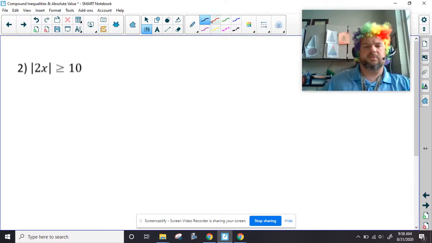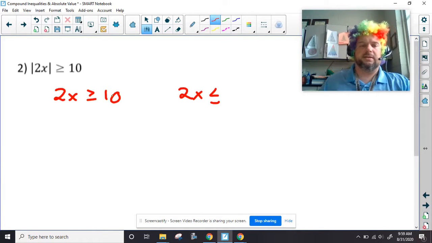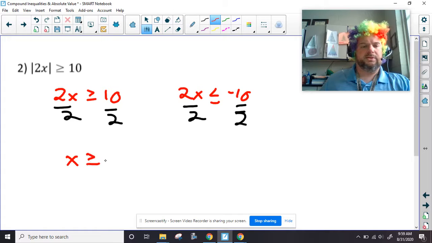We're going to try this one right quick. So we're going to have 2x is greater than or equal to 10, and 2x is less than or equal to -10, I forgot to say equal to a while ago. And we're going to divide both sides by 2. So x is greater than or equal to 5, x is less than or equal to -5.